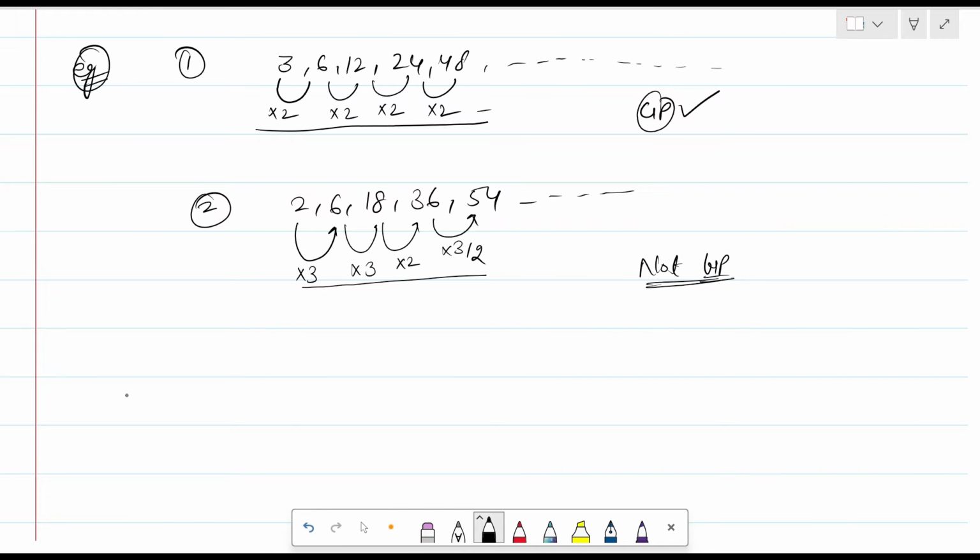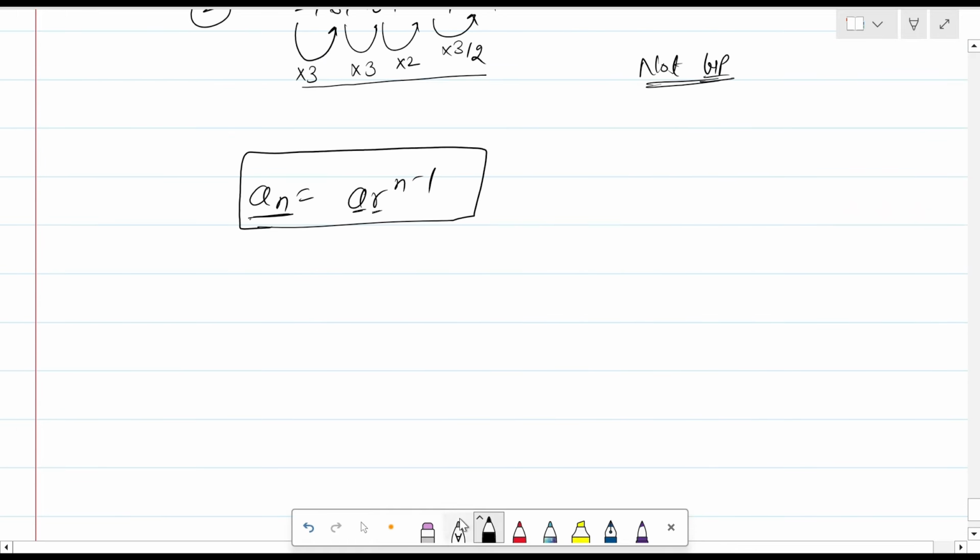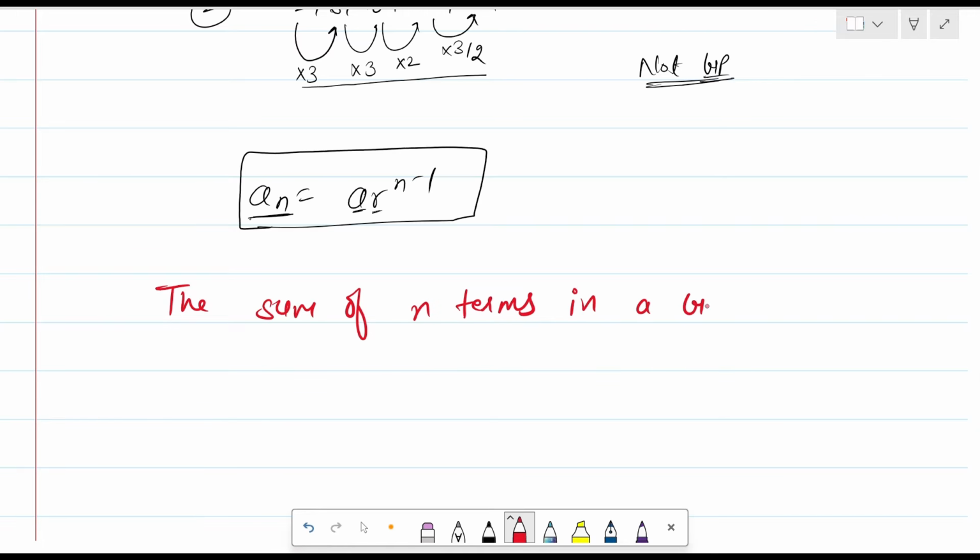So now I'm writing here, we know the formula of nth term of a GP. It will be a R raised to the power n minus 1, where a is first term, R is common ratio, and a R to the n minus 1 is nth term of a GP. So if I want to find the sum of n terms in a GP, then what it will be?